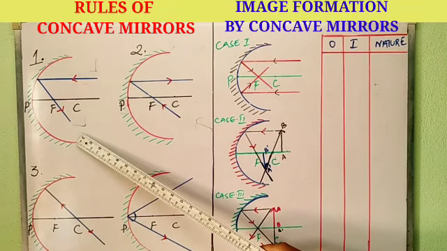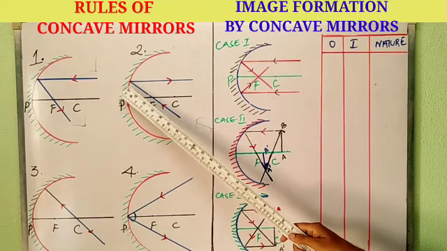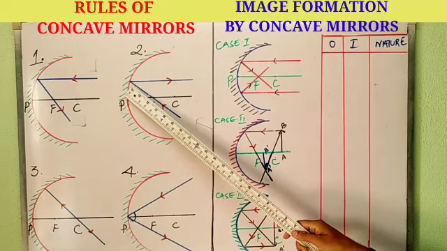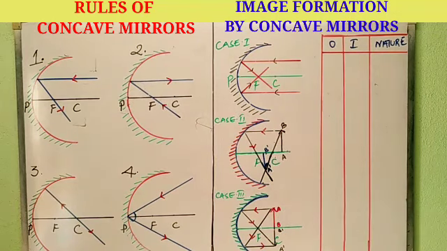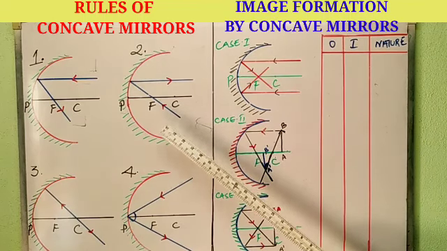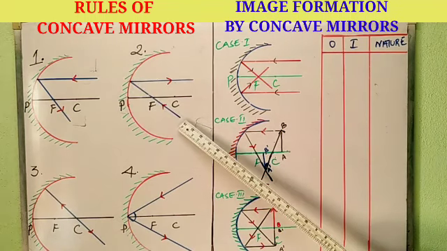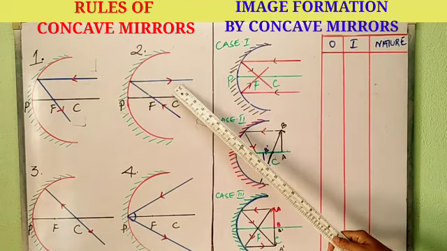And what is rule number 2? If the incident ray is passing through the focus, it goes parallel to the principal axis. Just by seeing the arrow marks, you should be able to identify which is the incident ray and which is the reflected ray. For this ray, it is marked towards the mirror, so this is the incident ray and this is the reflected ray.